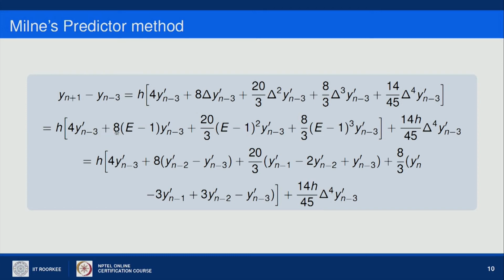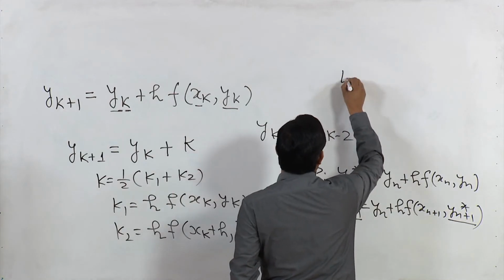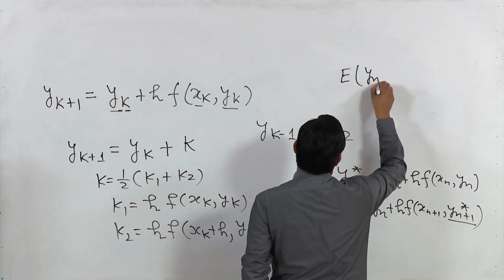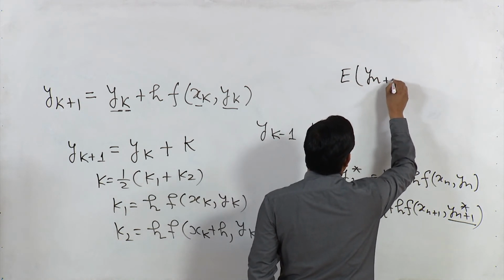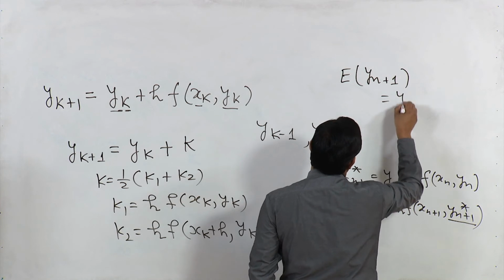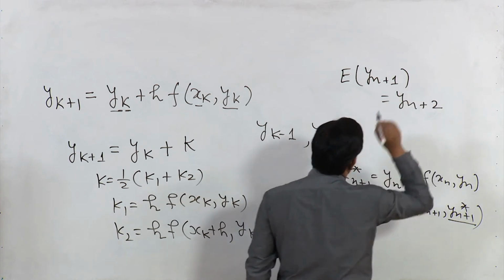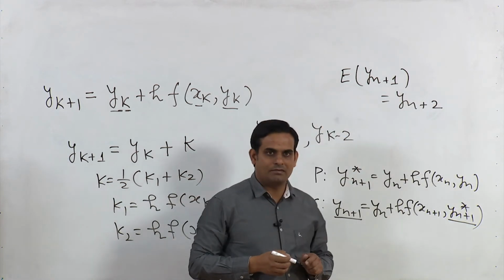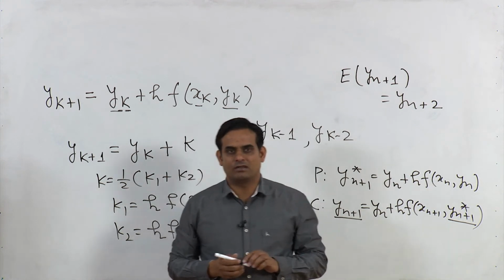From here I will get 8 times e of y prime n minus 3. So e of y prime n minus 3 becomes y prime n minus 2, because we know from the shift operator that e of y n plus 1 becomes y n plus 2.